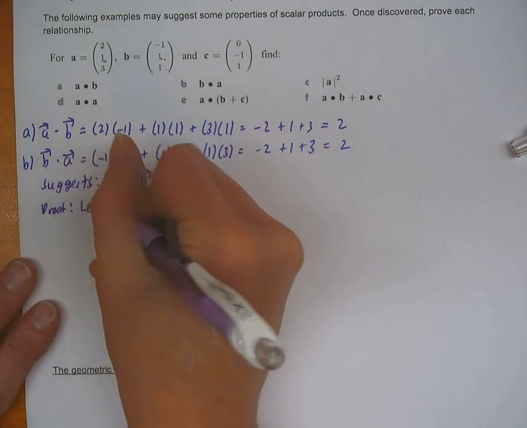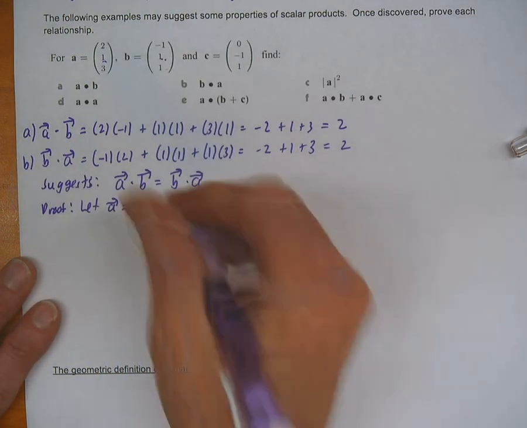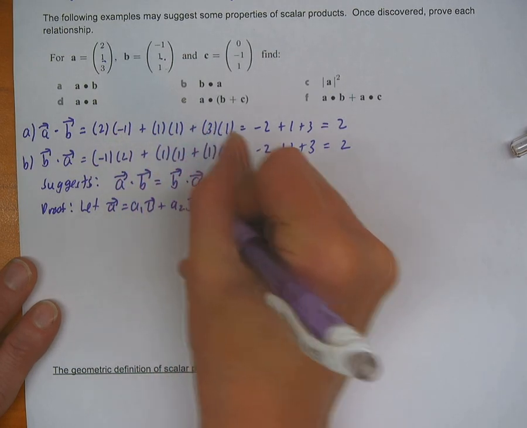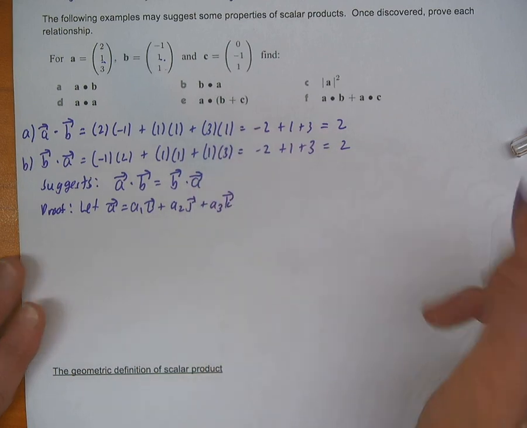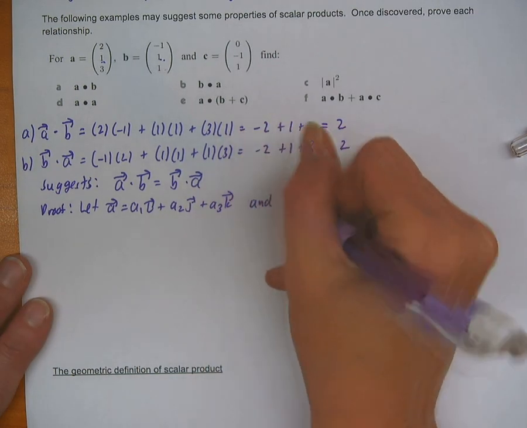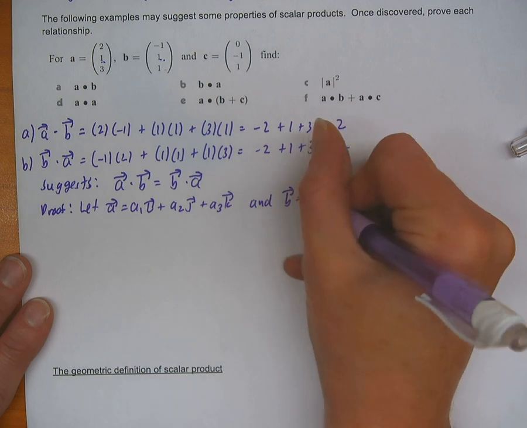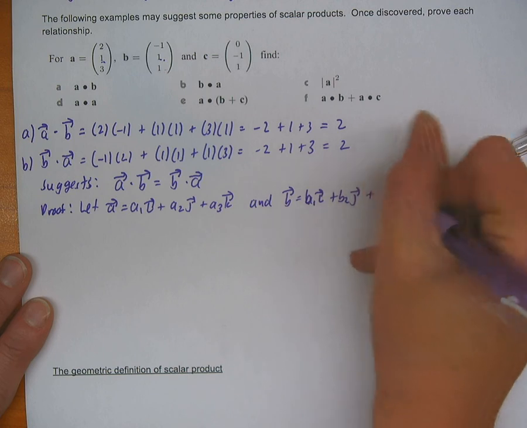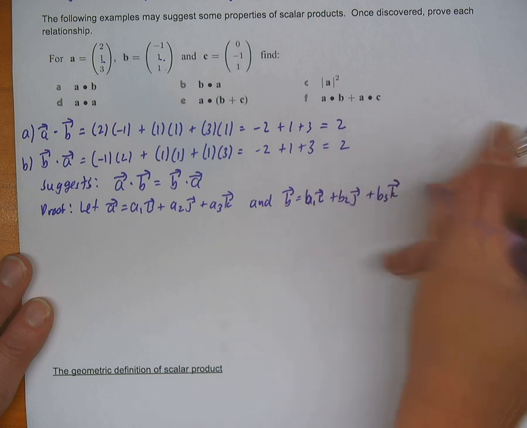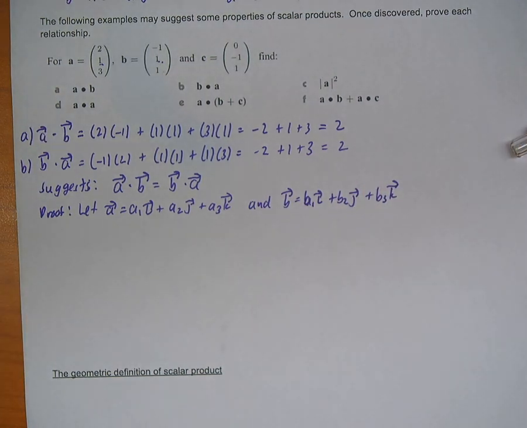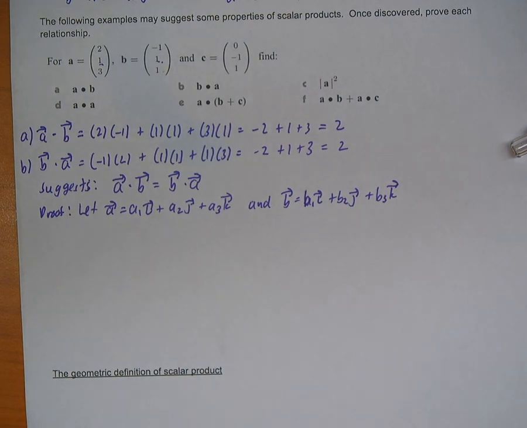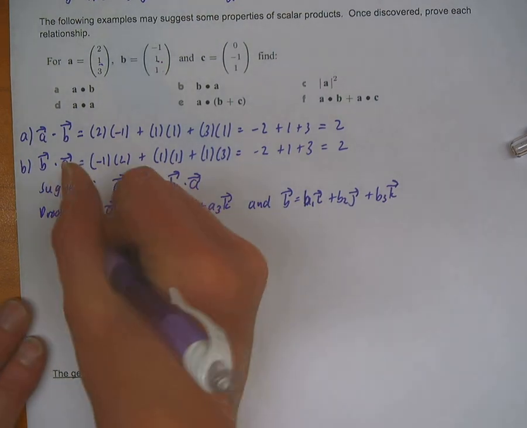So let A, I'm just going to use these same ones from up here, A1 i plus A2 j plus A3 k, and B is B1 i plus B2 j plus B3 k. So now that I've got my vectors established, I can figure out what A dot B would be.